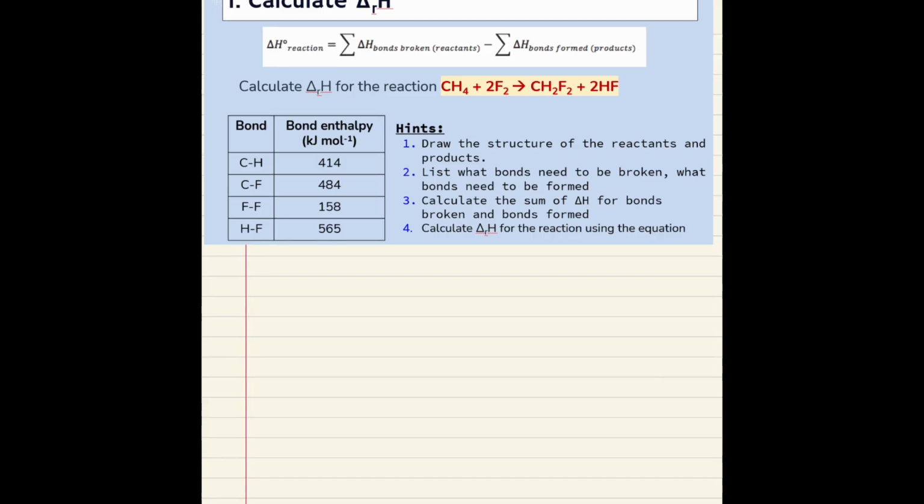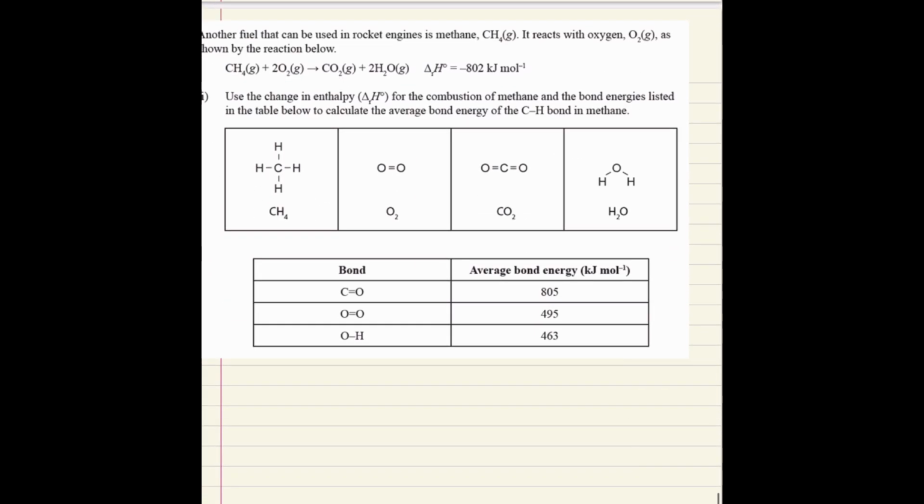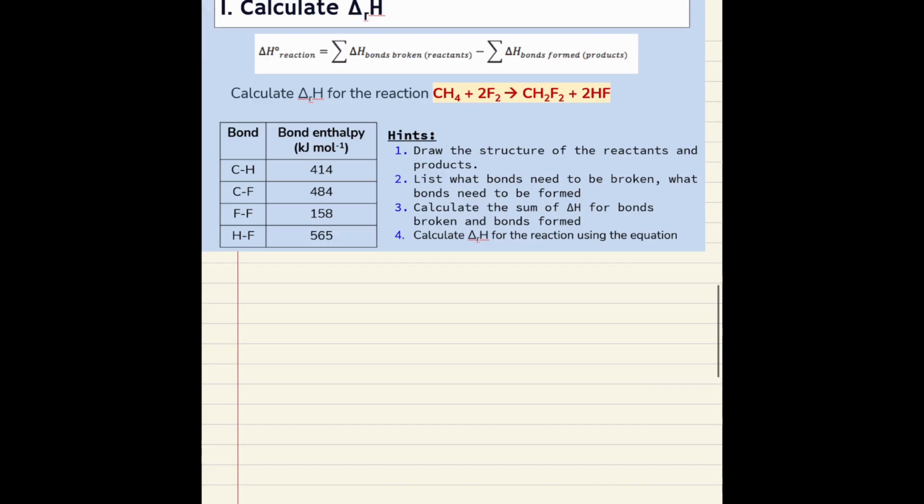Normally in NCEA, they will actually give you all of the drawings of the reactants and products, with all of the structures drawn out, but they might not. So as a first step, I've put to draw the structure of the reactants and products.